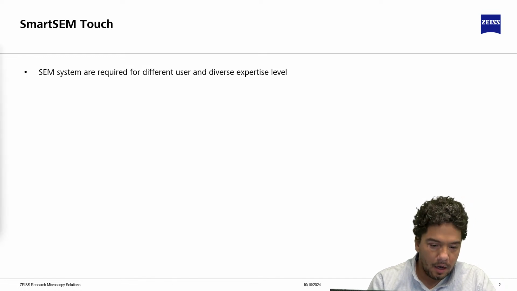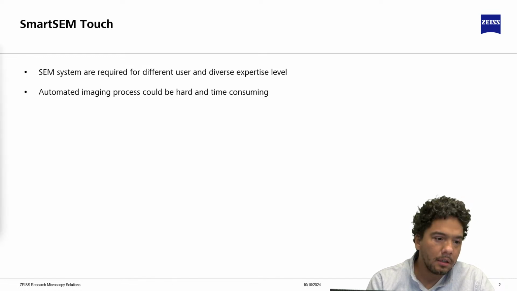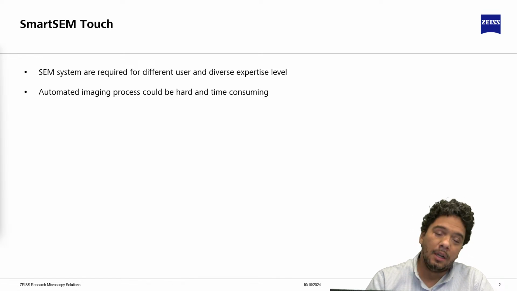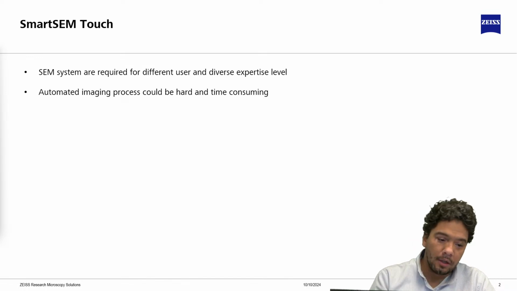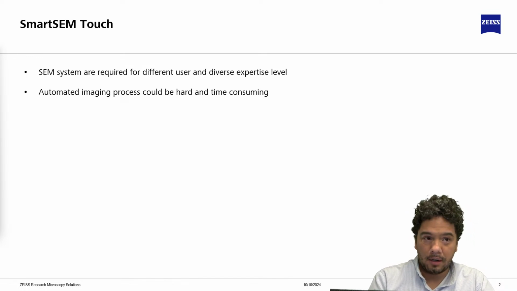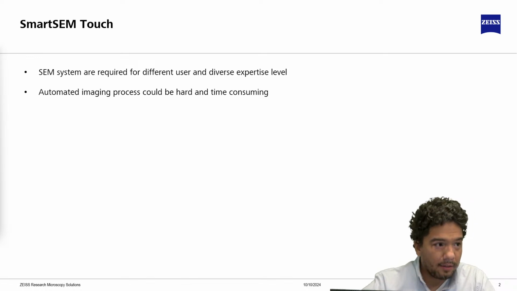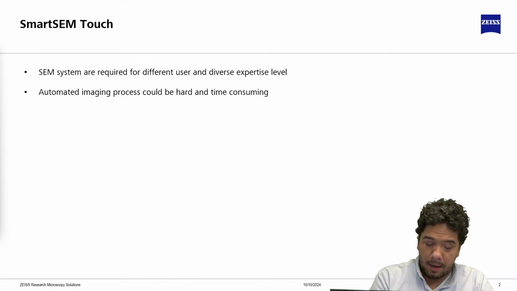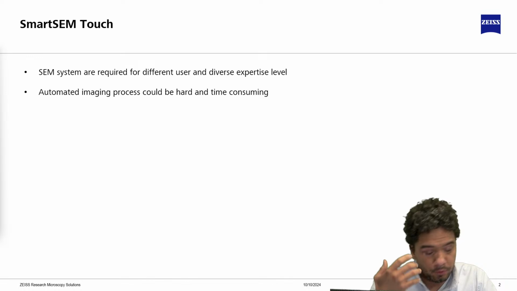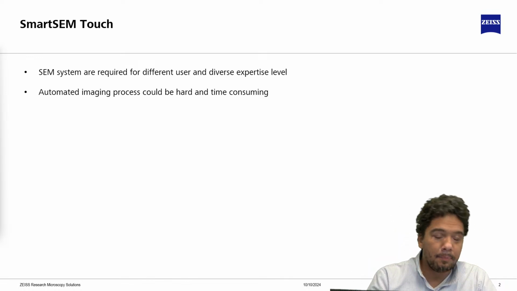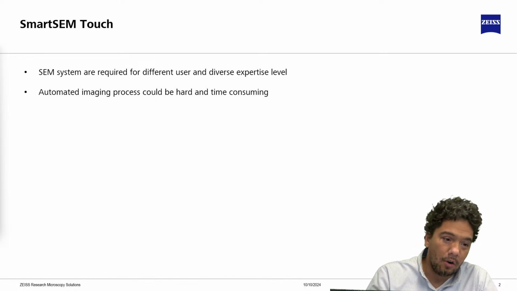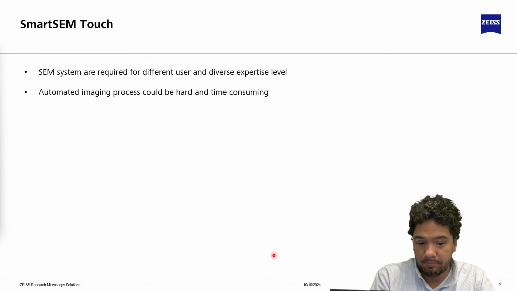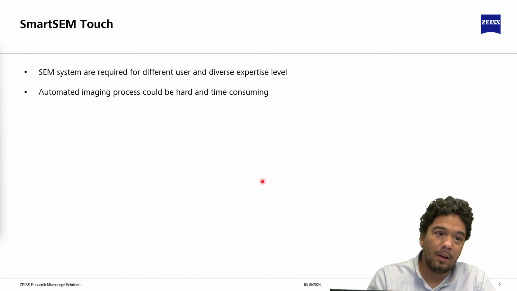Okay, let's move on. Automated imaging can be hard and time-consuming. If you have tried before, you are probably familiar with the issue that you have to create a protocol, test it, go back, adjust some parameters, and jump between testing and the previous step to adjust again.